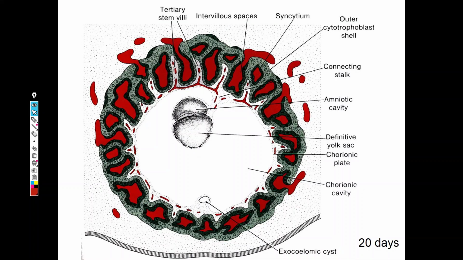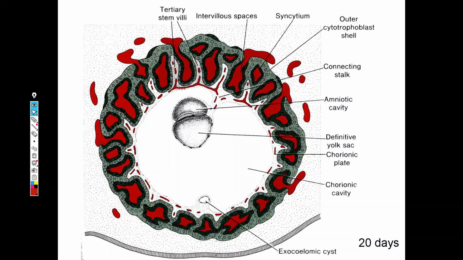Okay, and now you can see it. Here's the third week, day 20 after fertilization, and now we can see the disproportion as the trophoblast has grown and the trilaminar embryo, right here, is already lagging behind.